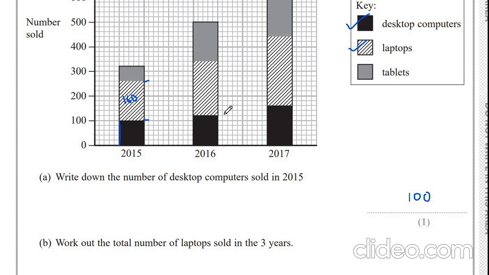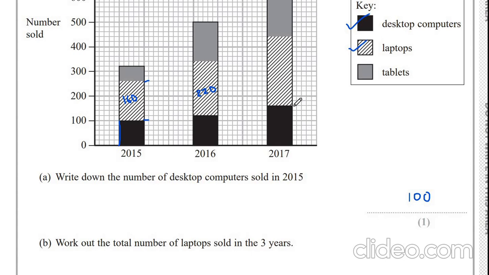Now let's go to 2016. 1, 2, 3, 4, 5, 6, 7, 8, 9, 10, 11. Okay, so 11 times 20, 220.